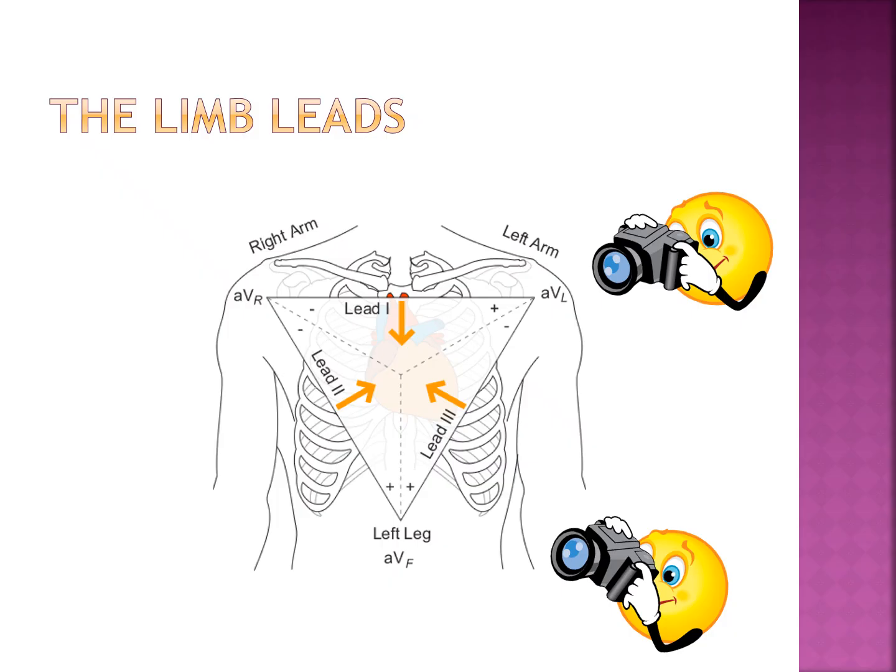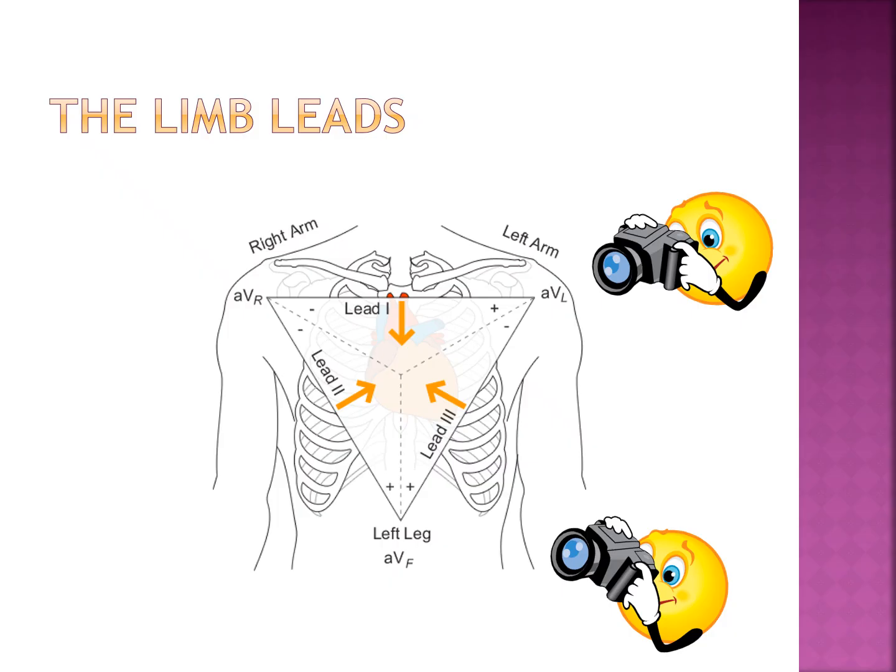And then AVR is the only one that is positive when we're in the AVR lead, but the right arm is always negative. When we're looking at lead 1, 2, and 3, the only purpose for the right arm is to have that negative part of the bipolar deflection.